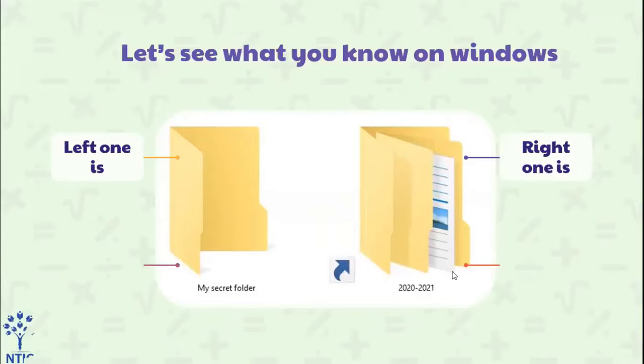Okay, very nice. The left one is, okay. No, I'm not asking empty or full. Okay, this folder is, what is that? Which icon? This one is which icon? Okay. Yeah, this is shortcut to another folder, the second one.